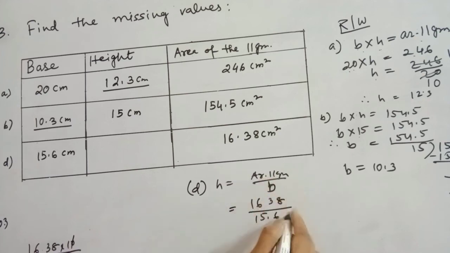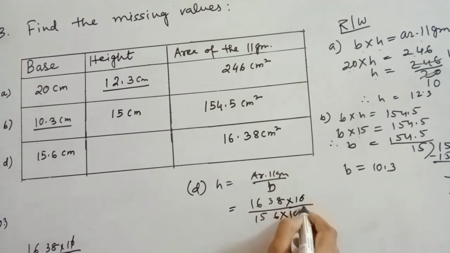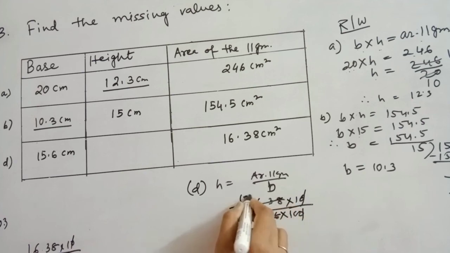Now you are removing this point in this way: multiply by 100 because after the point 2 decimal places were there. So 2 zeros, and from here the point will go in the numerator. So into 10. Now divide it, the zeros cancel out. If you divide this one, you will get 10.5.